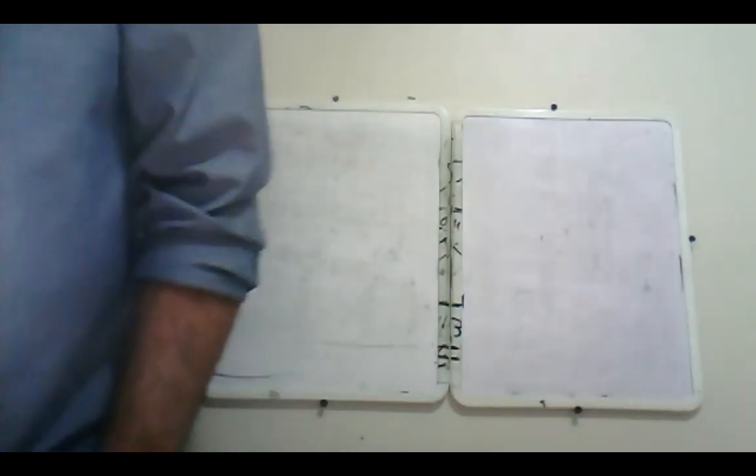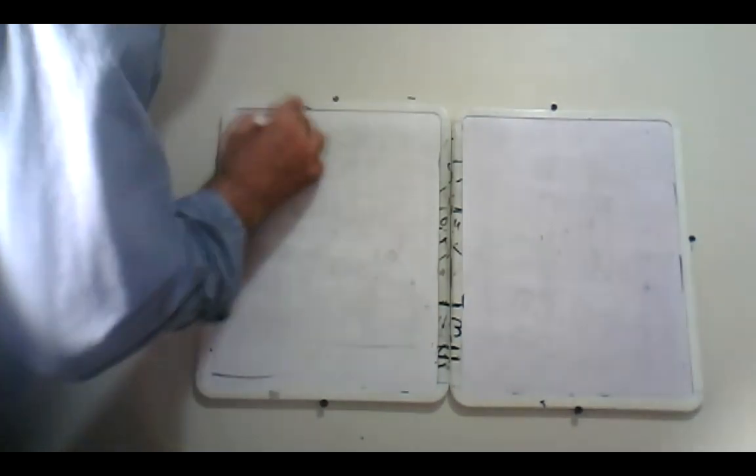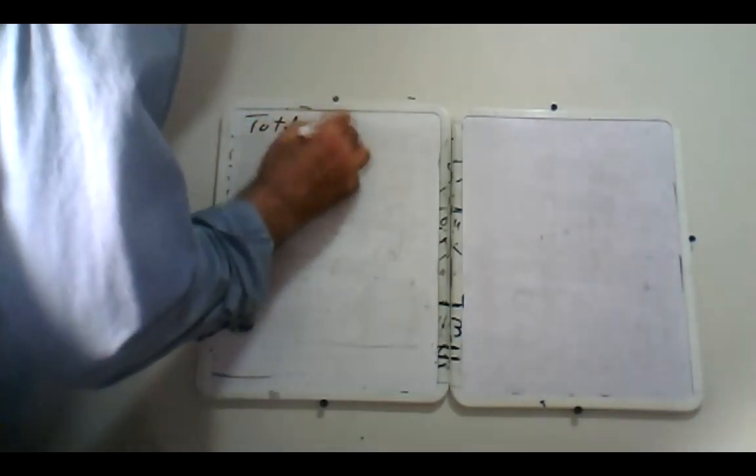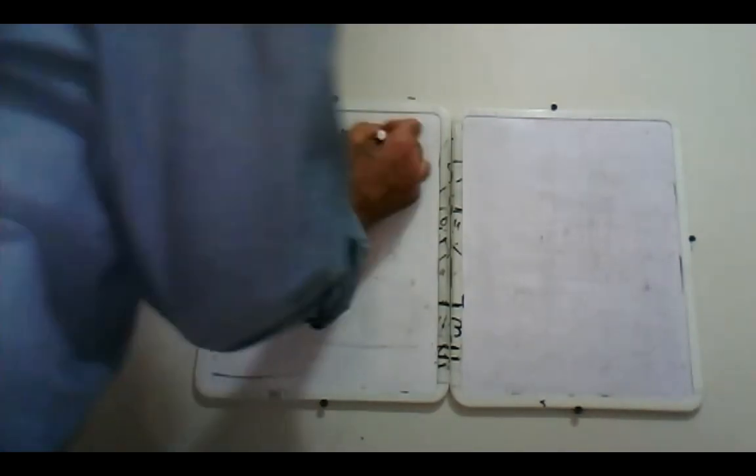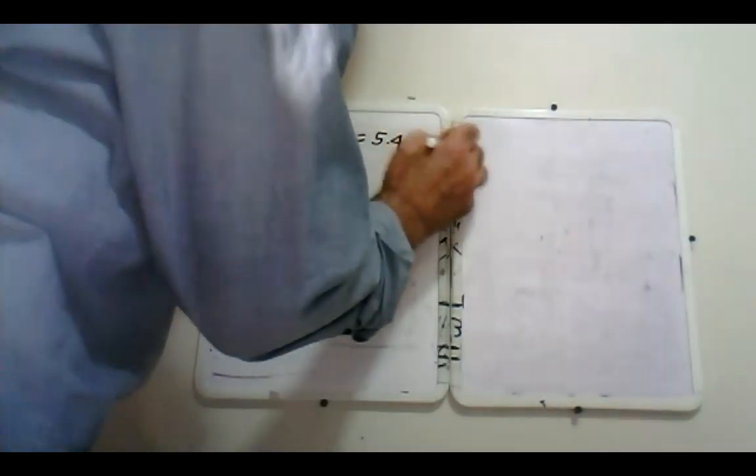He's saying all the orders were 5.4 million. Total orders were 5.4 million. Those are the total orders.